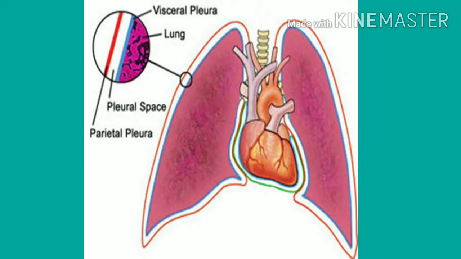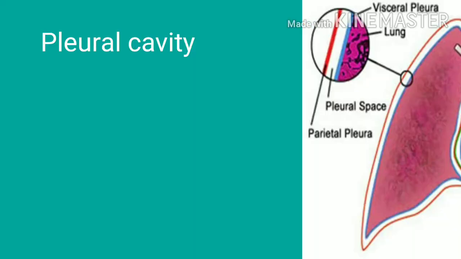Okay, look at this picture. Here it is very clearly given: the pleural membrane, the inner membrane is the visceral membrane, and the outer membrane is the parietal membrane. The space between the parietal pleura and visceral pleura is called the pleural cavity.